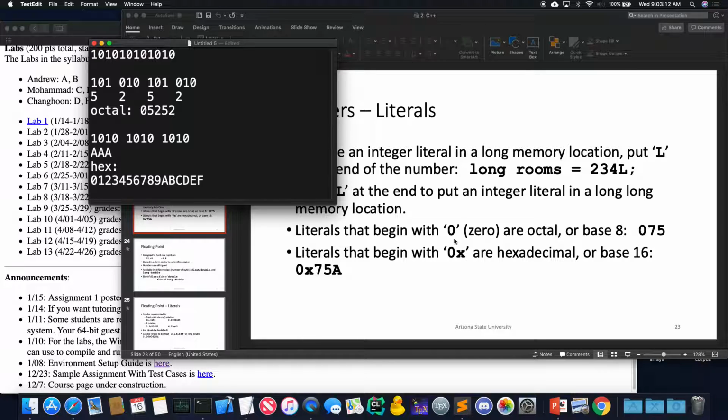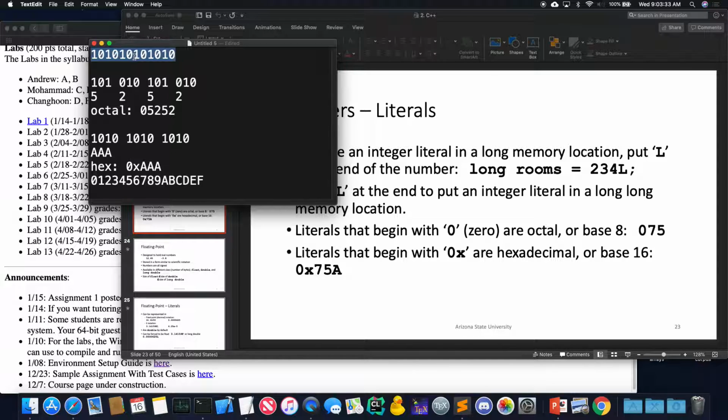Base 8. So the way it's done is they put 0x to indicate hexadecimal, and then I would put AAA. If I want to store this number in hexadecimal, you can see it's a lot shorter to write than the 12-bit number we had before.